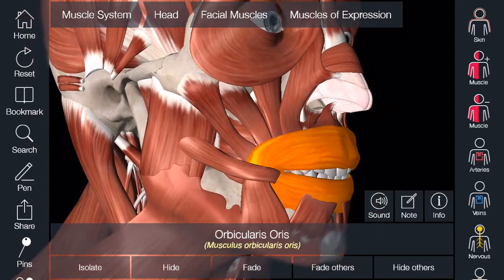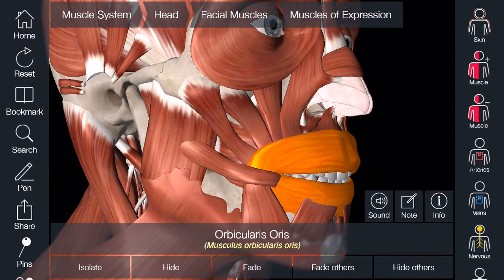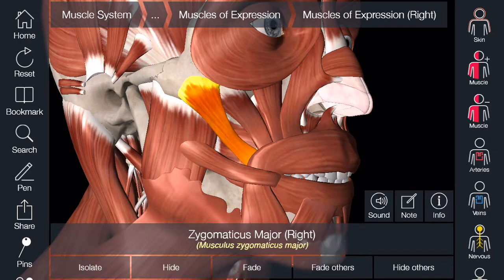Now, there's a lot of stuff here, but the easiest way to remember it is there's actually two. There's the zygomaticus major and the zygomaticus minor. But I'm assuming your lab professor will stick the pointer on the larger one. So that would be the major, zygomaticus major.